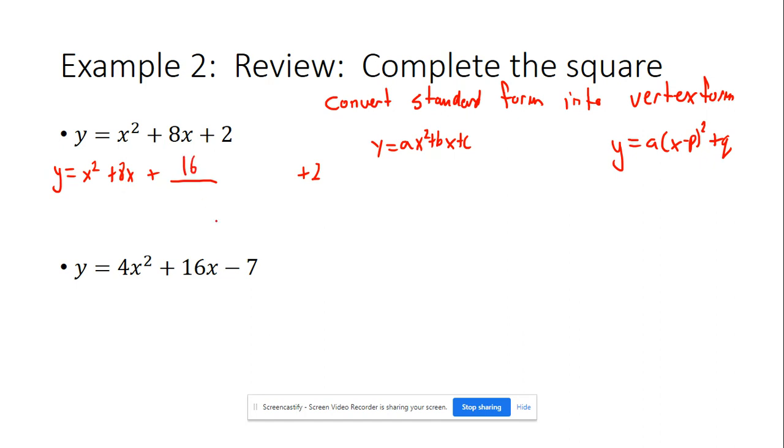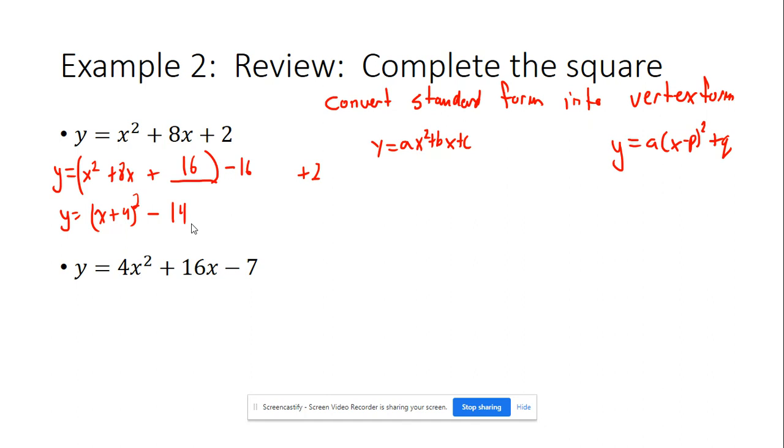So 16 is going to go with the add. But if I add a 16, I need to subtract a 16 in order to keep this a balanced equation. Now I group those together, and this factors into (x plus 4) squared. And negative 16 plus 2 is negative 14. So that's how the first one works.